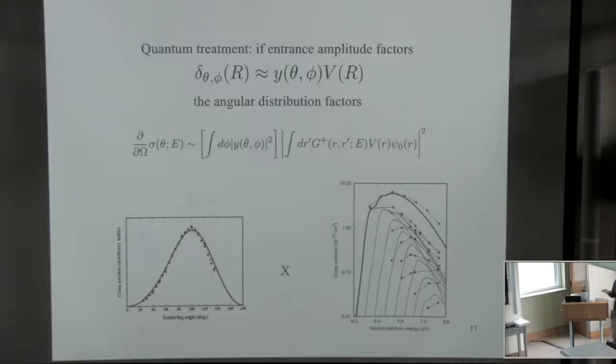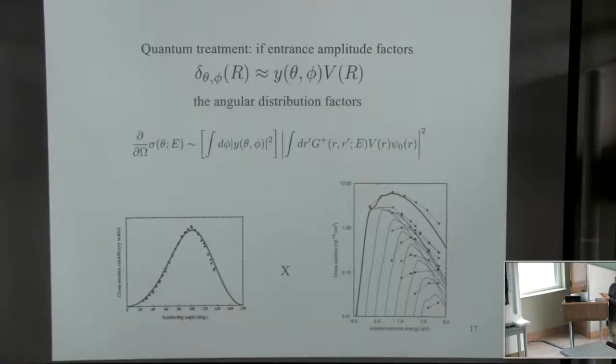Okay, so we've also done some quantum mechanical calculations on dissociative attachment. Now, if this entrance amplitude, this partial amplitude there, does factor into an angular function and a function of coordinates, and if we assume axial recoil, we have an expression for the cross-section which is schematically this.